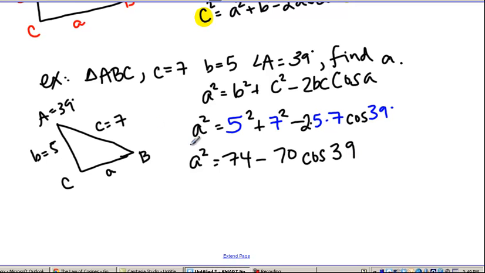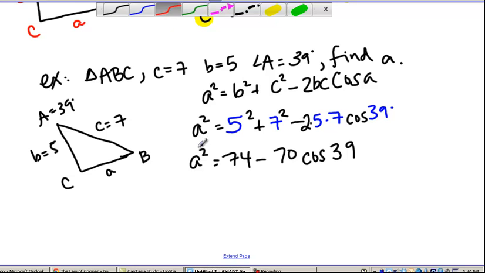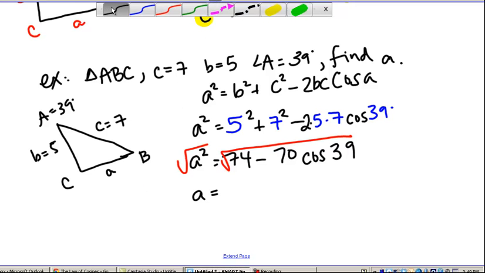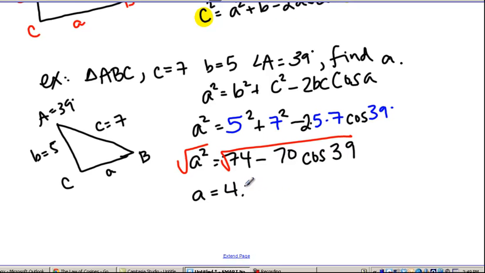Nice thing about this problem, to solve for a, you're just going to plug into your calculator the square root of 74 minus 70 times cosine of 39, and you should get 4.4.